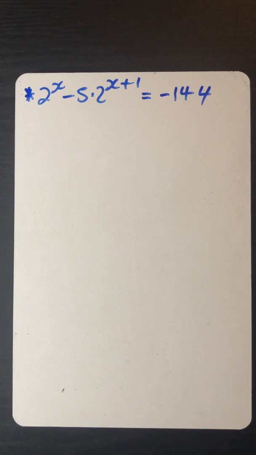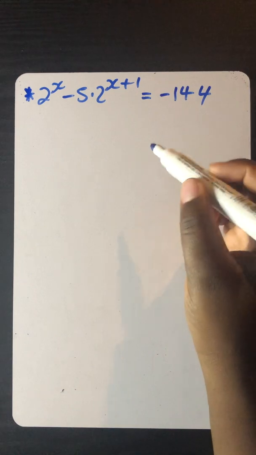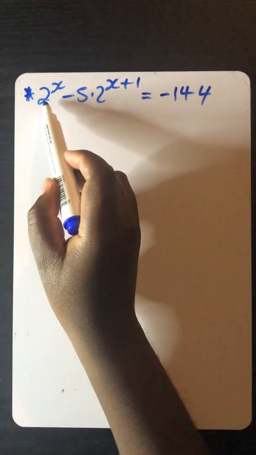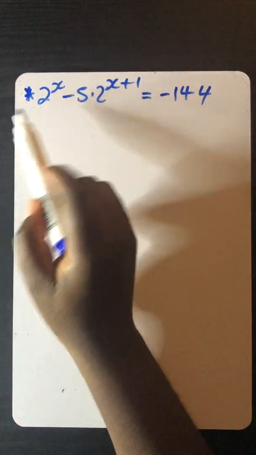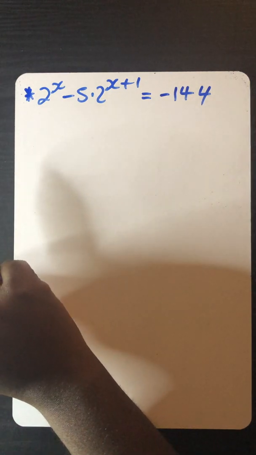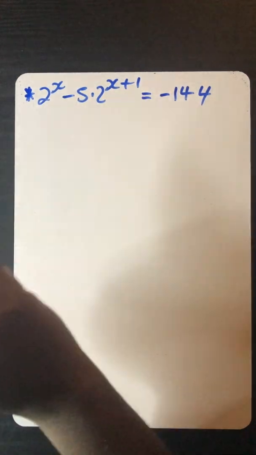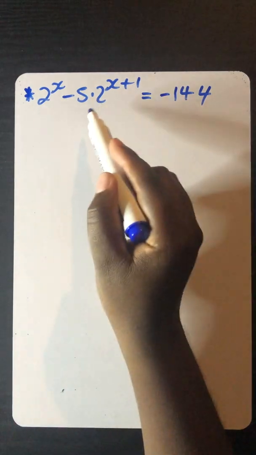So now, in this case, can we try to simplify or expand that first term? It seems like we cannot further expand or simplify that part. What about this one?